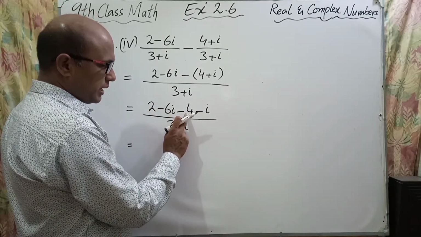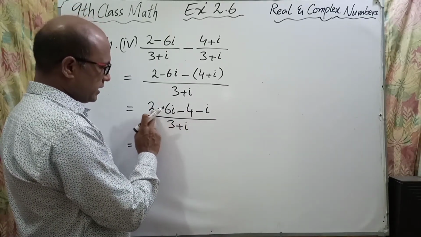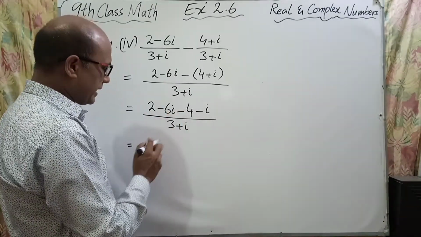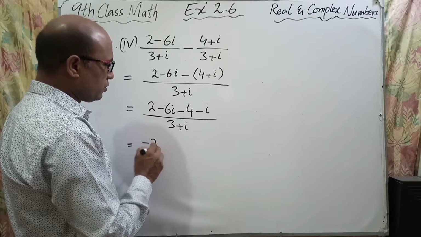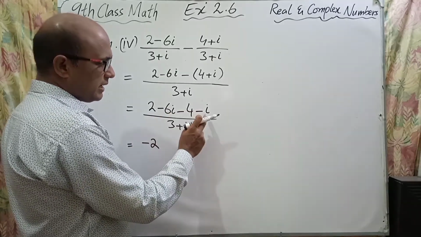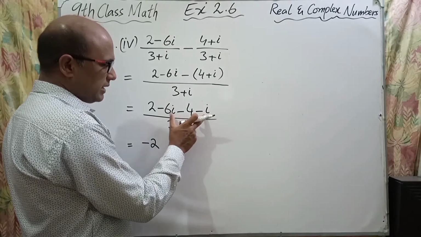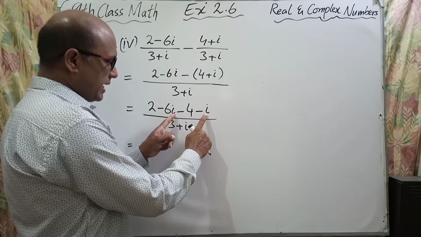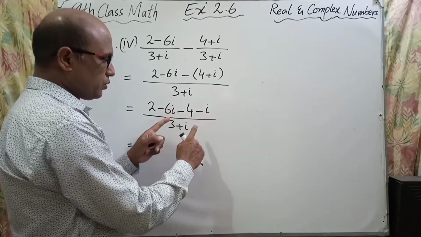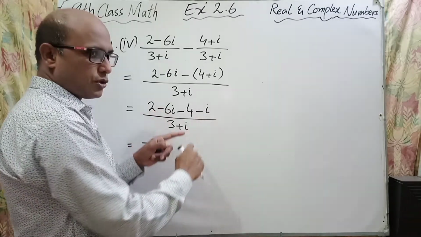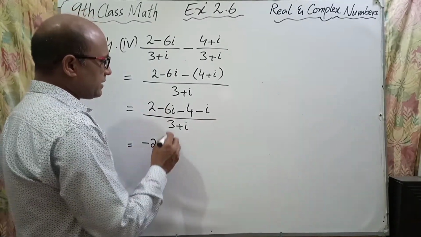So let's see students, this is minus 4, this is plus 2. So these two will be subtracted, we will get minus 2, and this is minus 6 iota and this is minus iota. So both terms have the same iota. These two have the same signs, meaning minus signs, so they will be added.